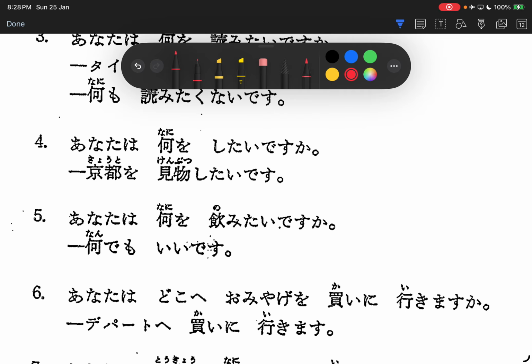No, you are studying something at Kyoto, but you never specify what. So when we say 京都を見物したい, we are going to study Kyoto, out of so many cities. But if you say 京都で見物したい, you are studying something at Kyoto, not the city itself, but something that's only located in Kyoto. Okay?